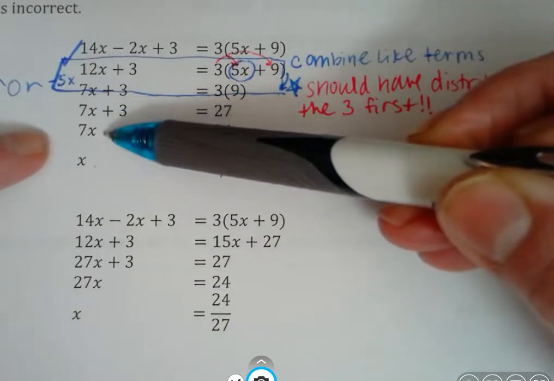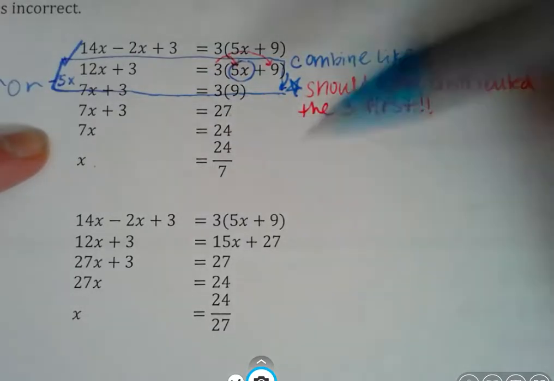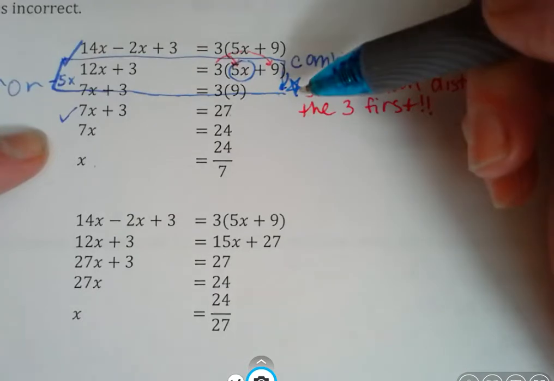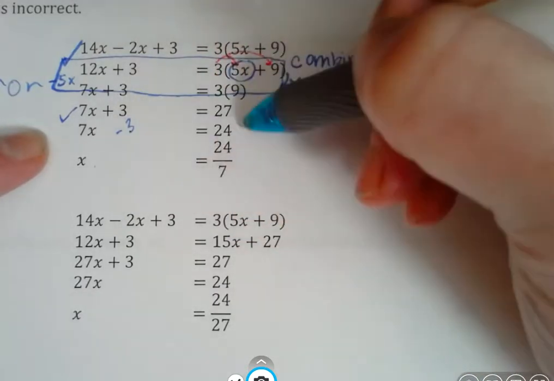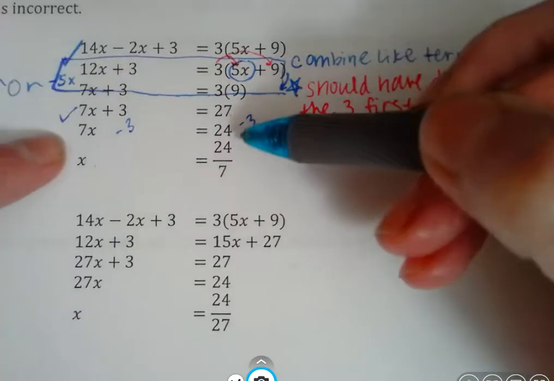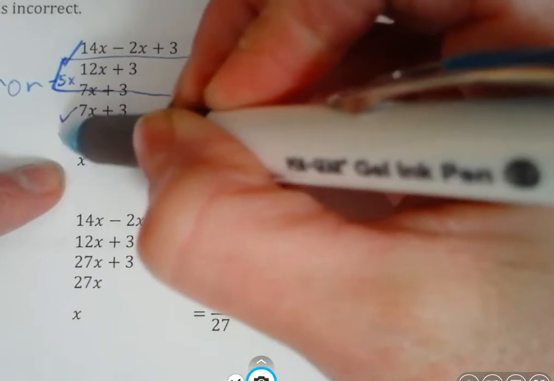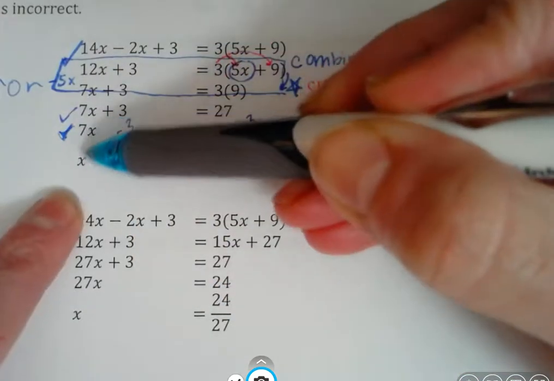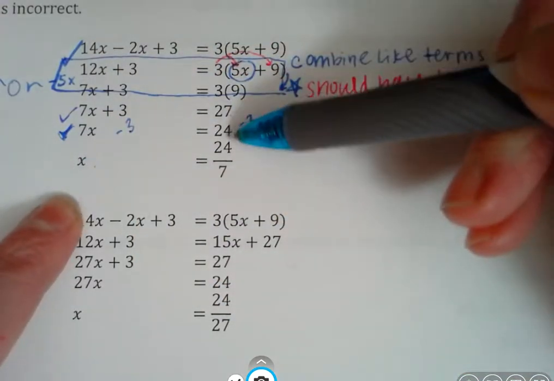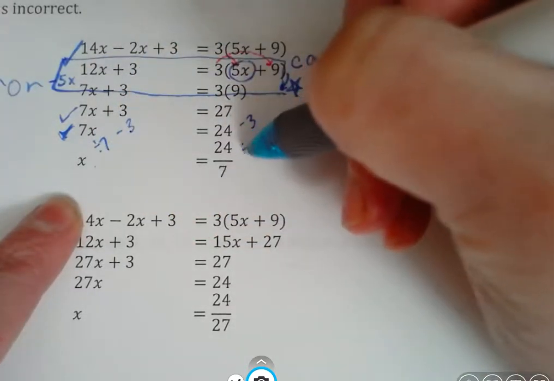Then she removes a 3 on the left and on the right. So this step was actually correct, right? She added -3 to both sides. Then from this step to this step, she's correct too, because 7x becomes x, 24 becomes 24 over 7. She actually divides each side by 7.